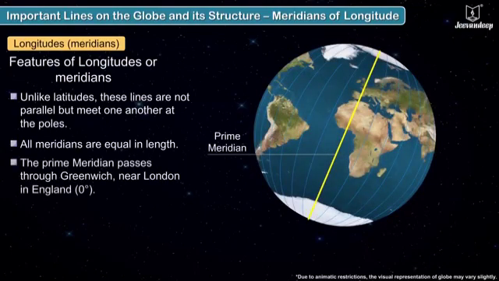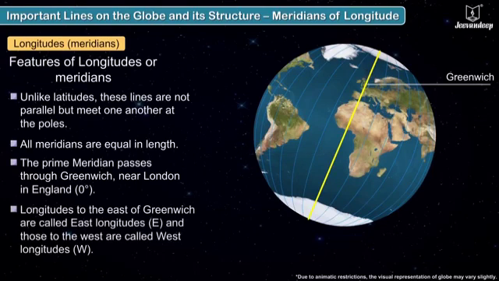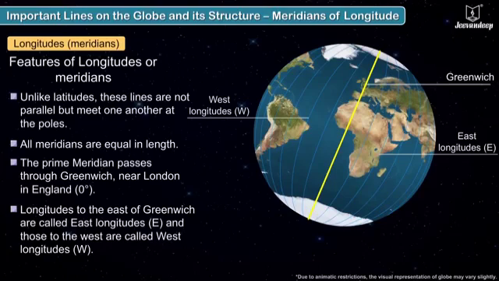The prime meridian is located at Greenwich near London in England, 0 degree. Longitudes to the east of Greenwich are called east longitudes, E, and those to the west are called west longitudes, W.